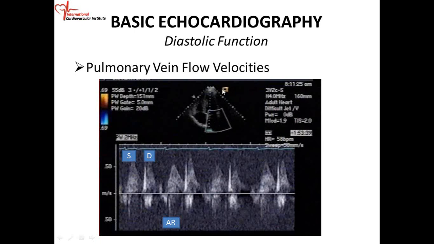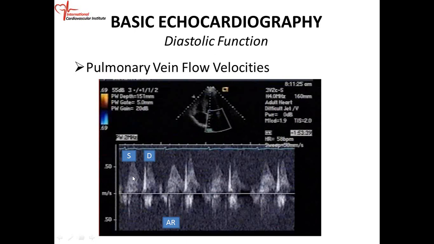Remember, this is your transducer right here. If blood is flowing from the pulmonary veins into the left atrium, it's flowing towards the transducer, so you're going to get an envelope above the baseline. So in systole and diastole, blood flows from the pulmonary veins into the left atrium, above the baseline.